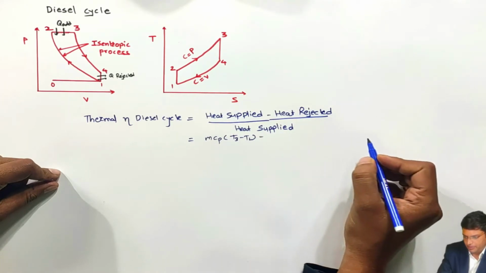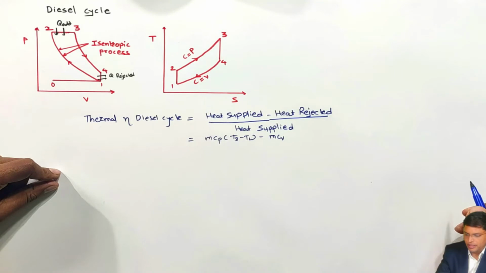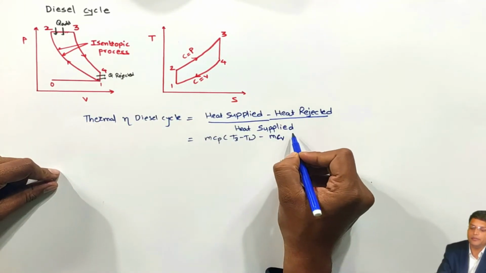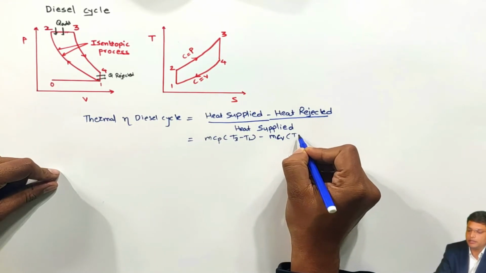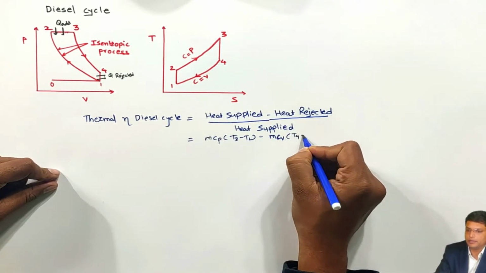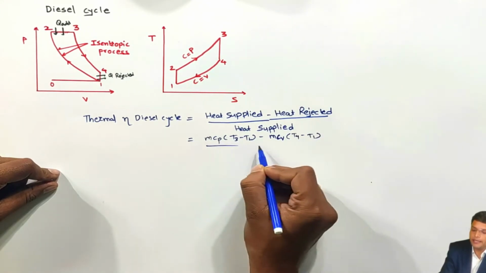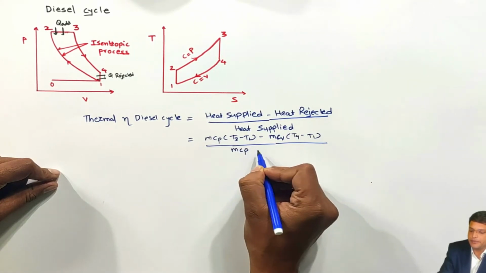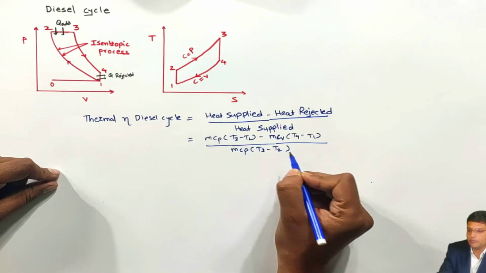For the heat rejection process, again Q is equal to m Cv delta T, since heat rejection is done at constant volume, here T4 minus T1, again divided by the heat supplied, which is m Cp (T3 minus T2).